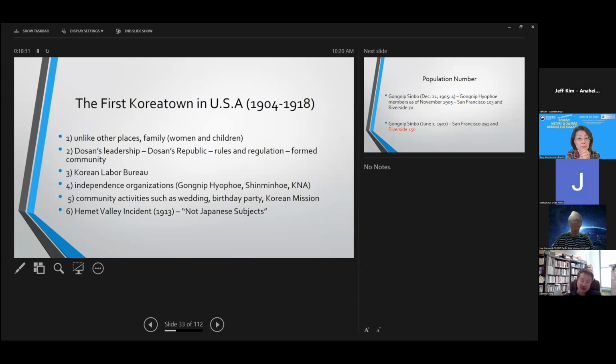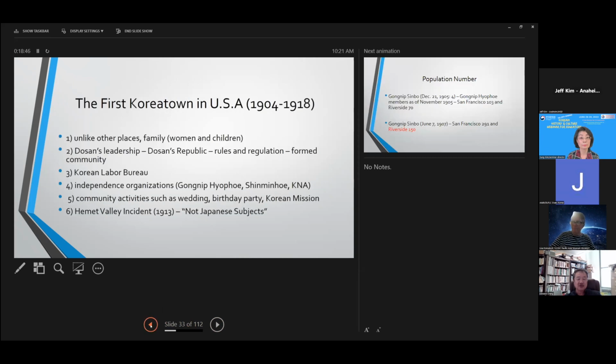Instead, they were recognized as Koreans, not Japanese subjects, which is a very important semi-quasi legal definition in America, because Korea didn't exist. Korea was a colony of Japan between 1910 and 1945. And yet, the United States government granted Koreans a unique quasi distinction, people without country status.